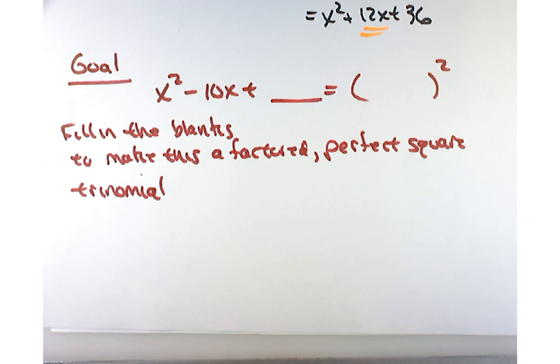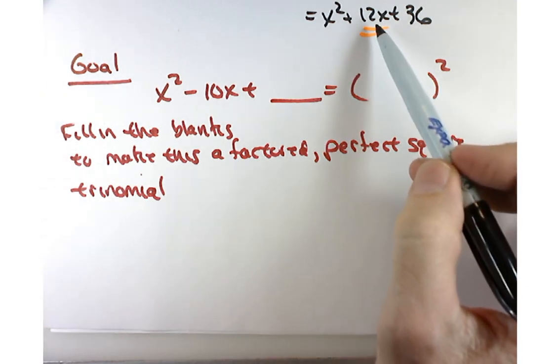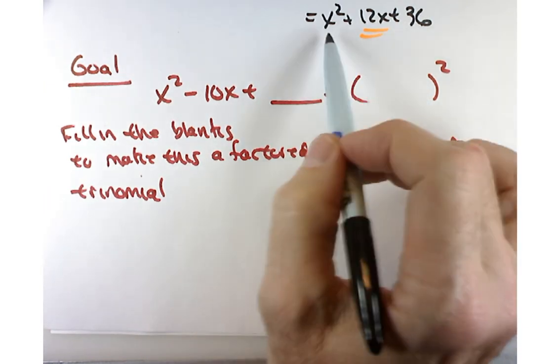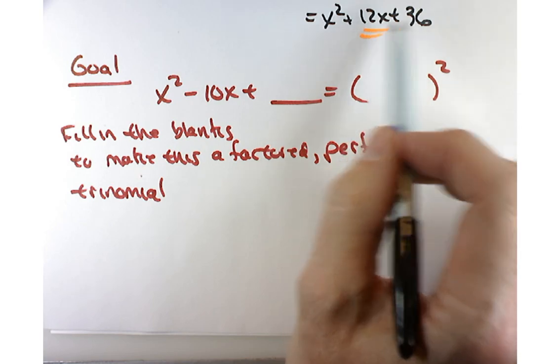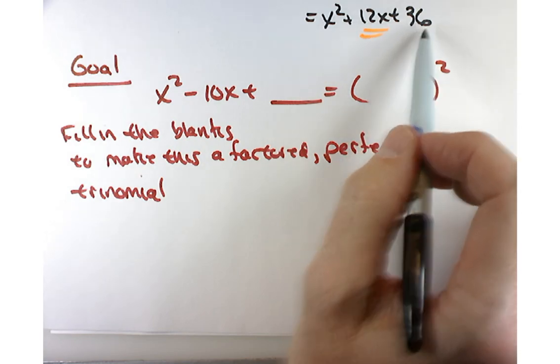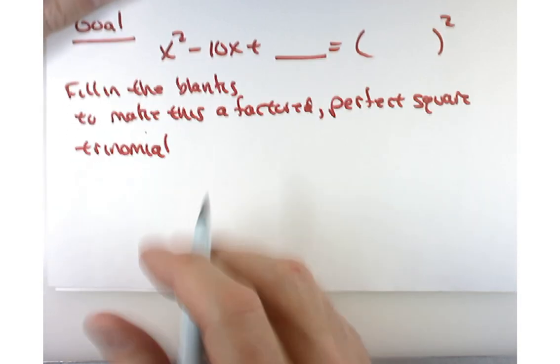So a good question is, how do I do that? How do I figure out those numbers? And the answer is by looking backwards. You're going to start out with something like this, just these two terms. You're going to have to figure out, I need a 36 here, and I need the x plus 6 here. So let's look at it this way.